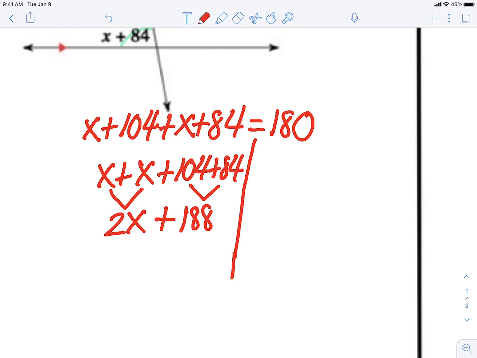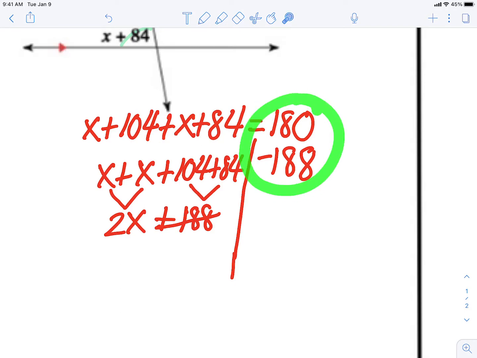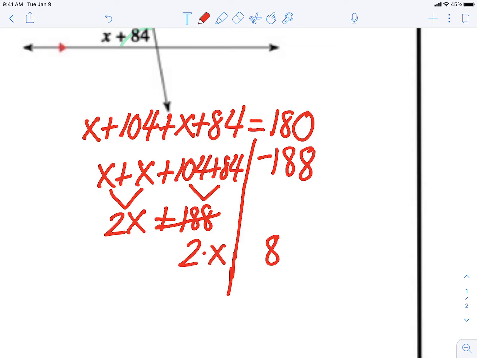And what I'm going to do is I'm going to immediately take my plus 188 and I'm going to subtract 188. And these are not the same sign, so 188 minus 180 is equal to 8. And I still have my 2x, which means 2 times x.